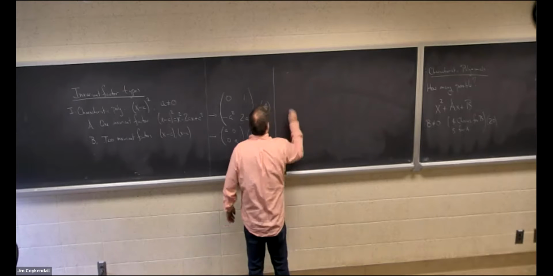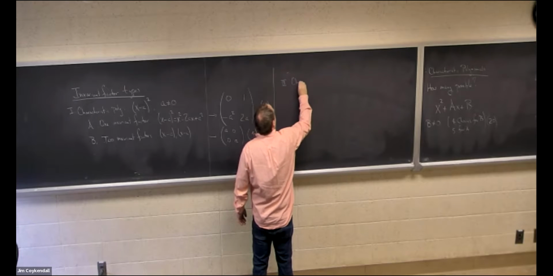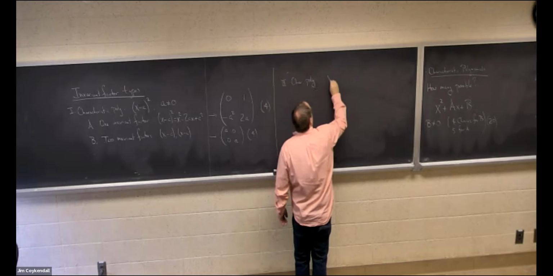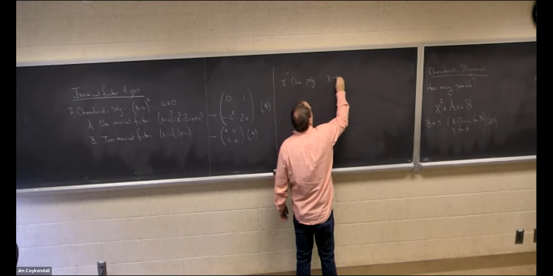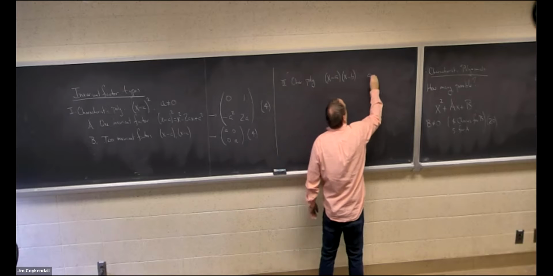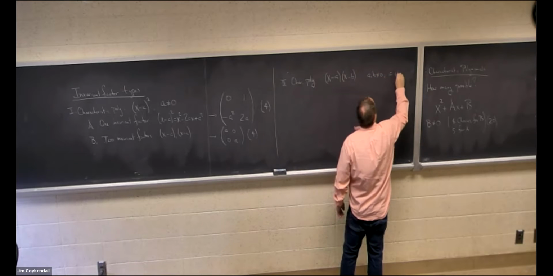Well, 2 distinct roots: the characteristic polynomial is x minus a, x minus b, with a, b not 0, and a, b distinct.